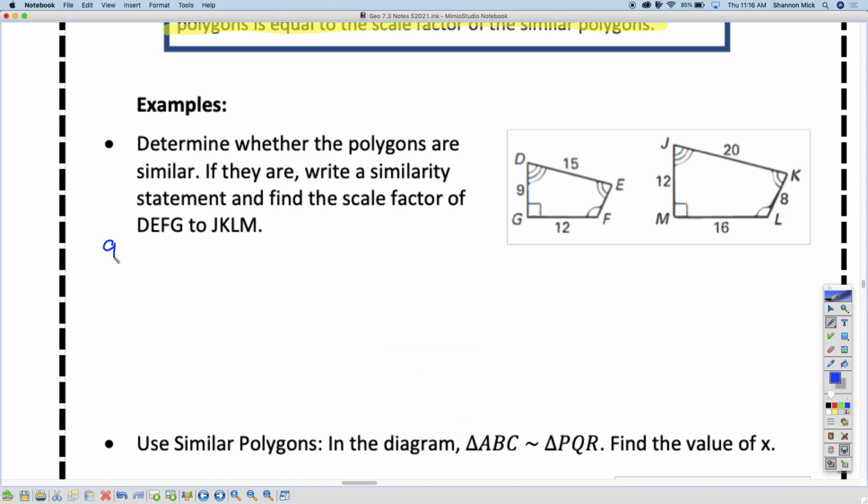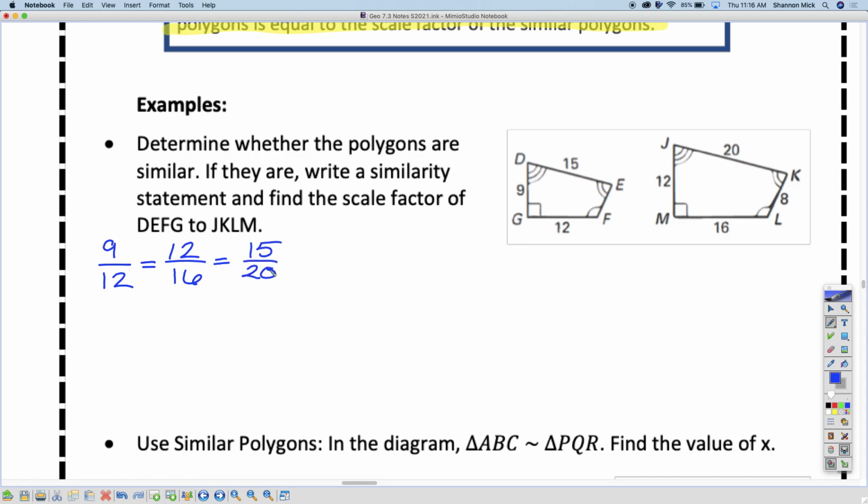So 9 to 12, and that has to be the same ratio as 12 to 16, and then 15 to 20.